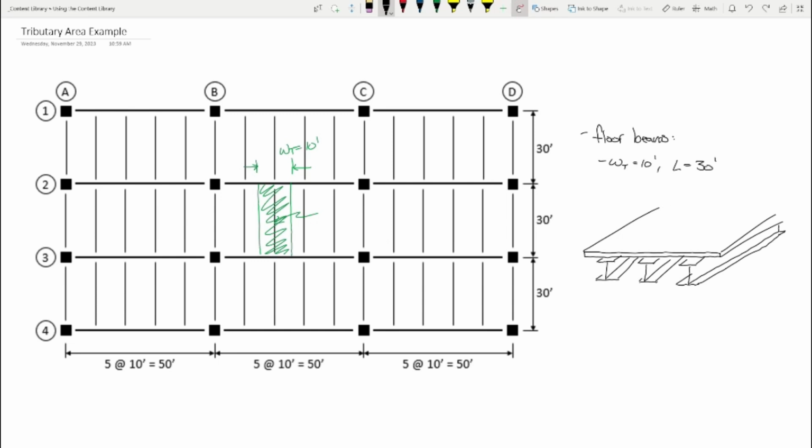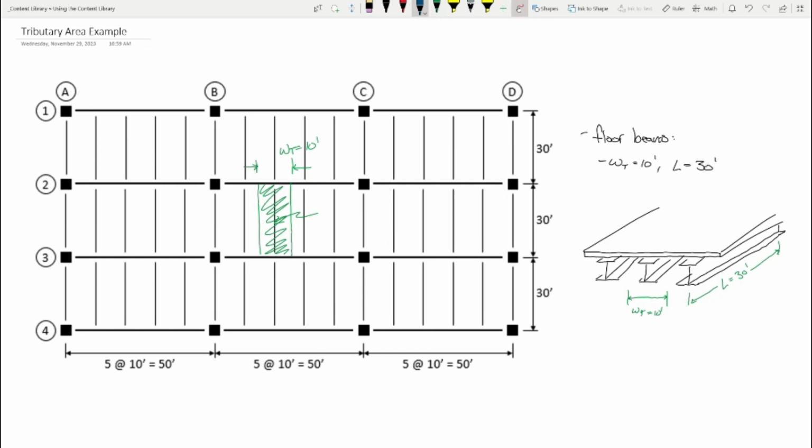Okay. So here's the floor beams, okay? And what we're saying is that this dimension here is the length. And this dimension right here is the tributary width, okay? And here's what I propose.